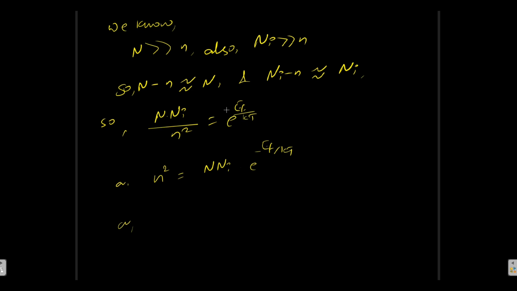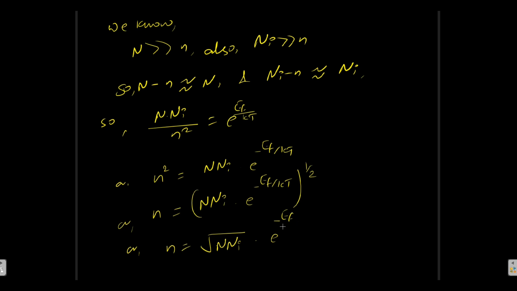If we take it to the numerator, then obviously its power sign will get changed. That is the simple law of indices, right? If we remove this square over here, then we need to put a square root over here. So it will be n is equal to root under N into Ni into e to the power minus Ef by 2kT. This is the final expression for the total number of Frenkel defects produced in a crystal.